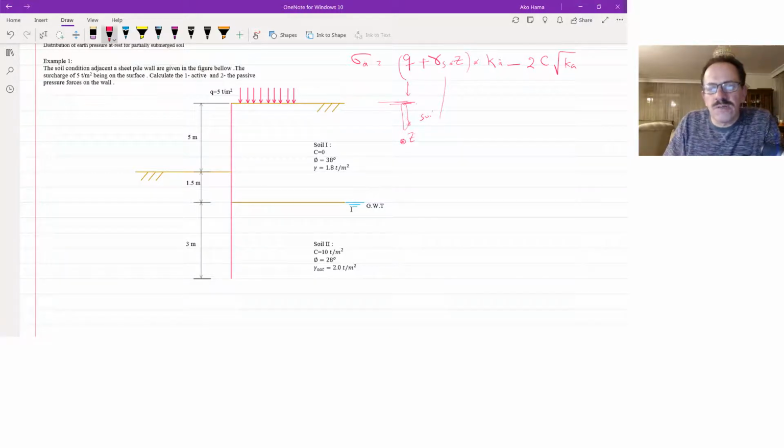So this is the equation that we are going to use to find the active pressure at every point.